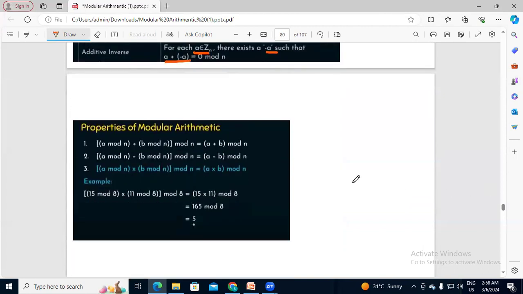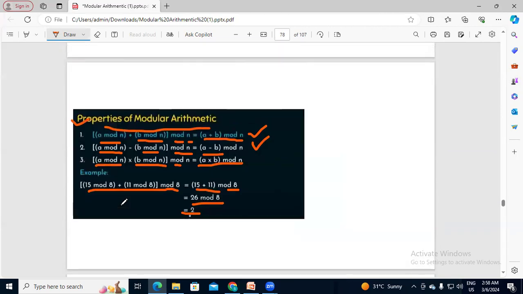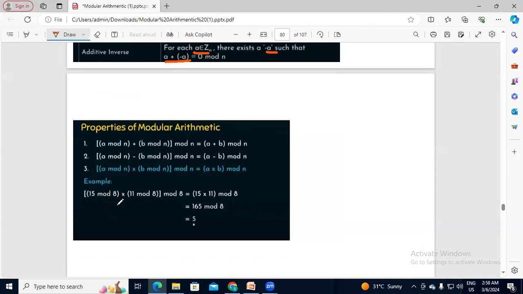Moving on, this is another example, for multiplication. The third rule is used here to solve this equation: (15 mod 8 into 11 mod 8), complete mod n. But you need to remember that n should be common.